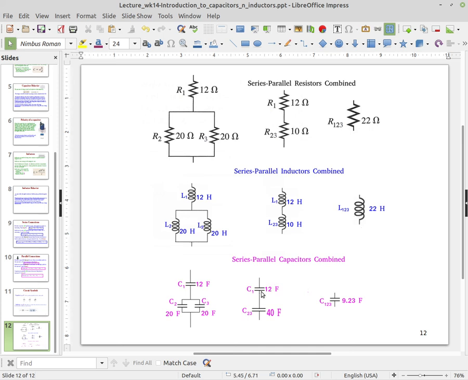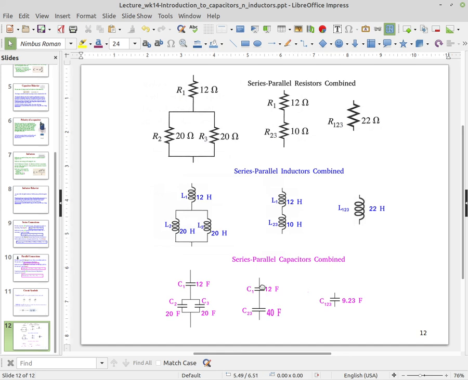But if we look at the capacitors here, capacitors add in parallel. So C2 and C3, which are 20 farads each, combine into a capacitor of 40 farads.